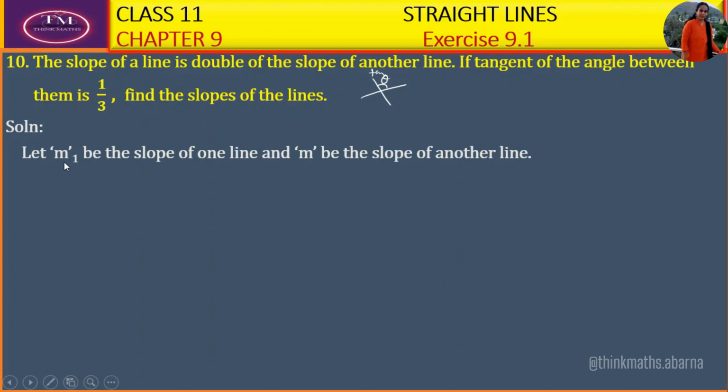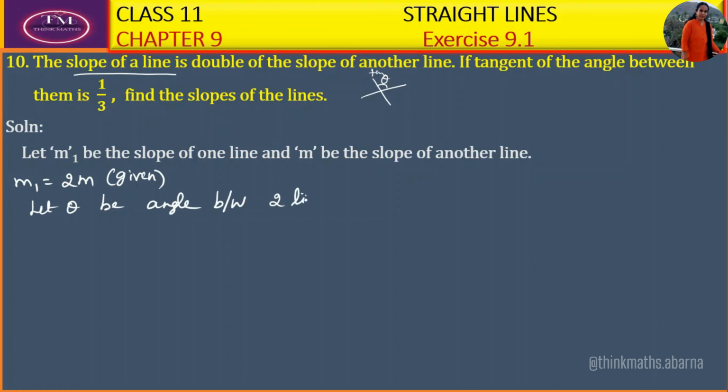So let us assume that m1 is the slope of one line and m is the slope of another line. The slope of a line is equal to double the slope of another line. So this is given. Okay. Let theta be the angle between two lines.